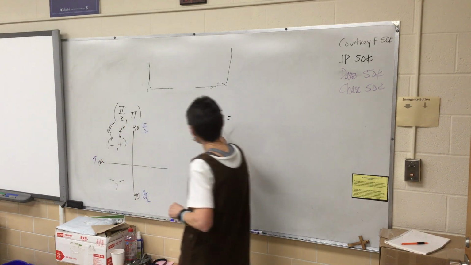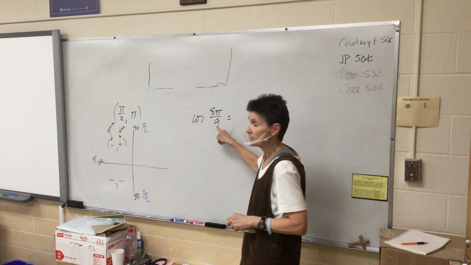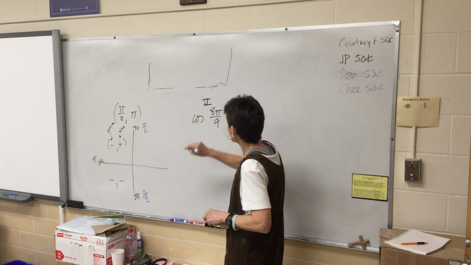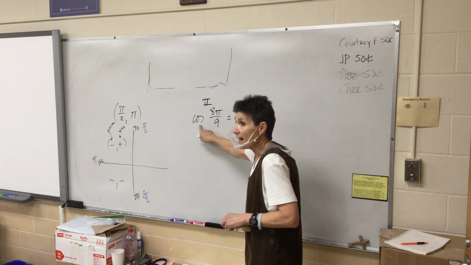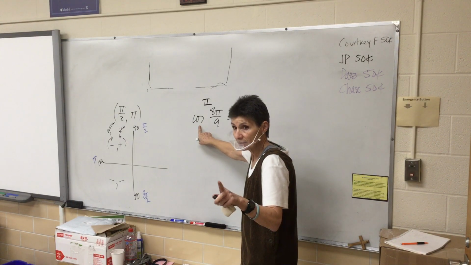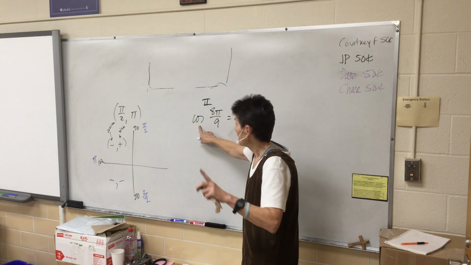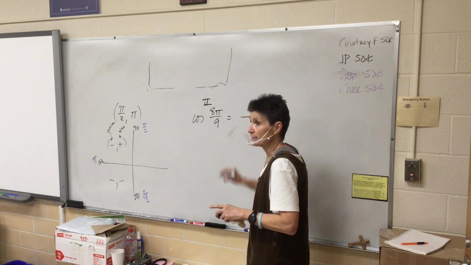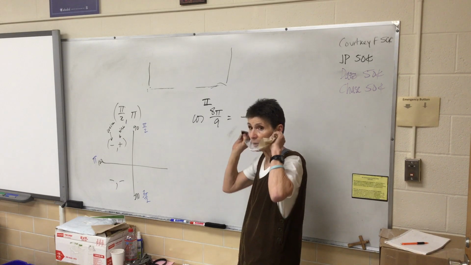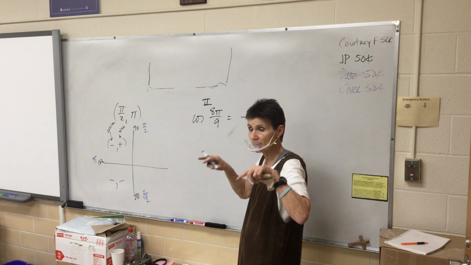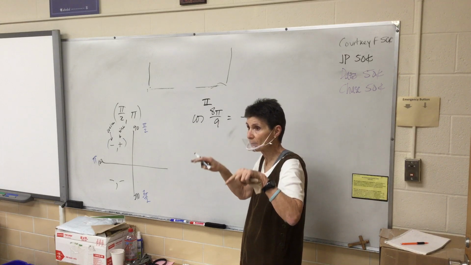So isn't this in quadrant 2? And if it's in quadrant 2, then x, cosine, is x. X is negative, right? Did you follow all that logic, step by step there, thinking through that problem?